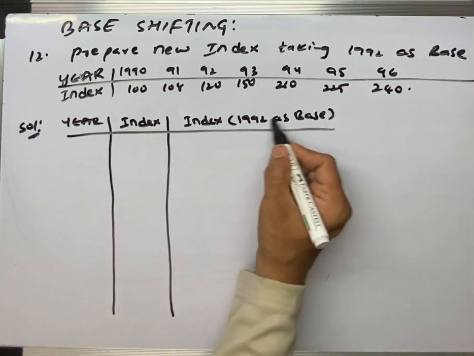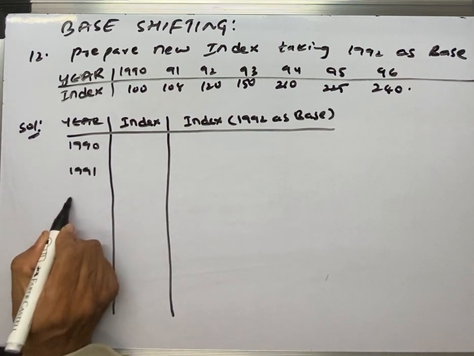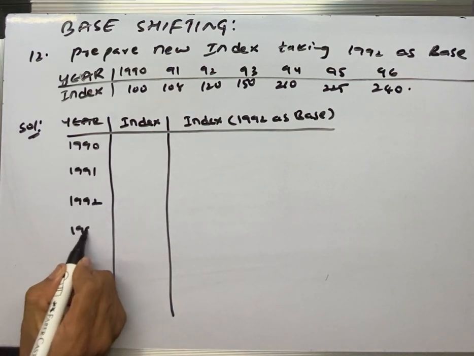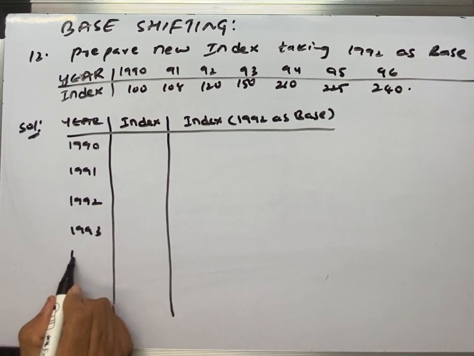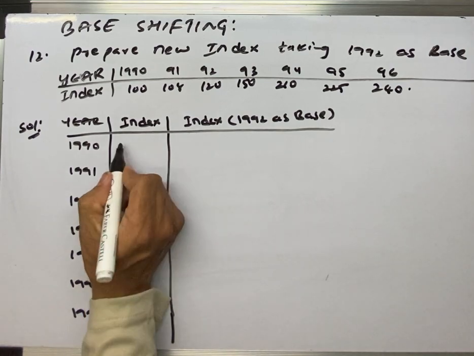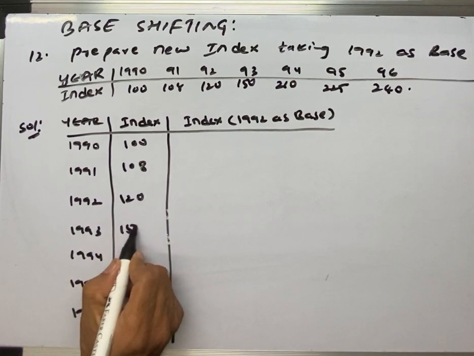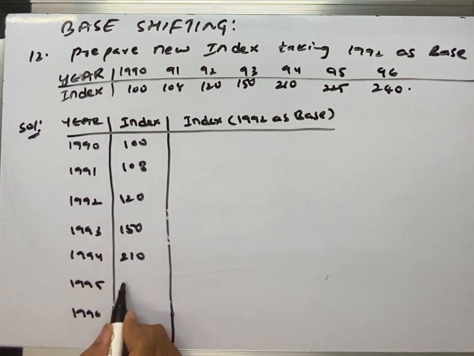Just write it in this way, 1992 as base. 1990, take some gap, 92, 93, 94, 95, 96, with index values 100, 108, 120, 150, 210, 225, 240.